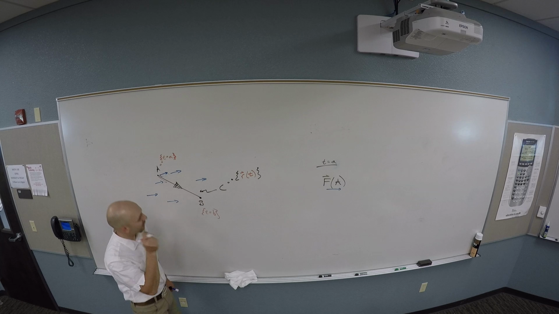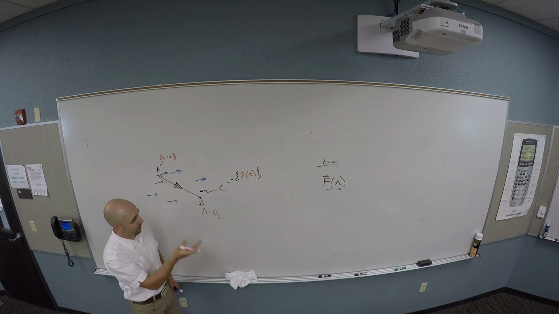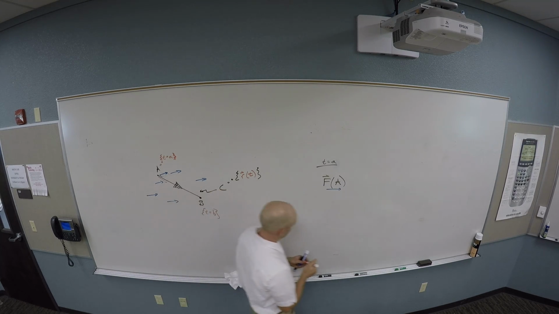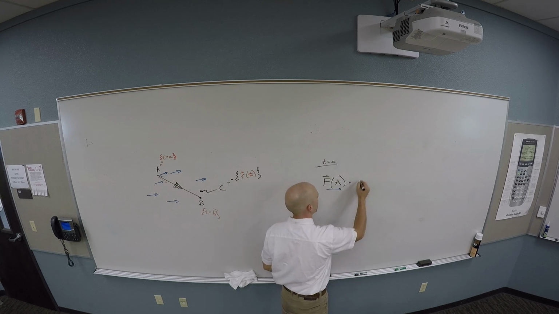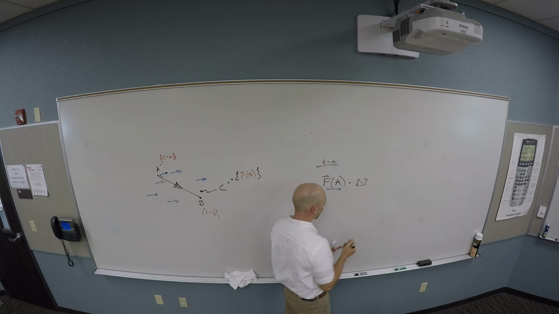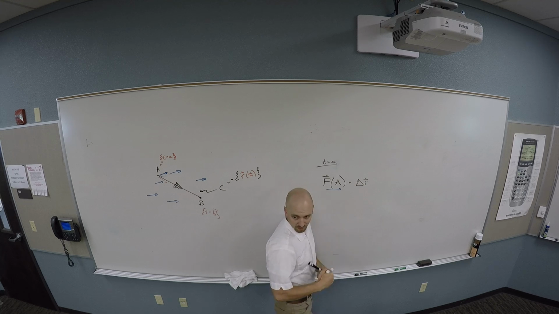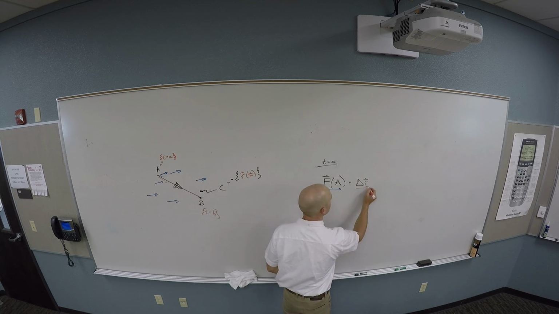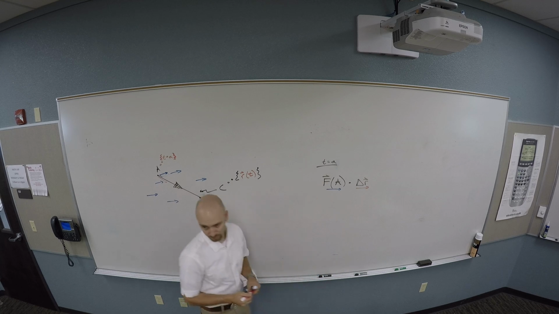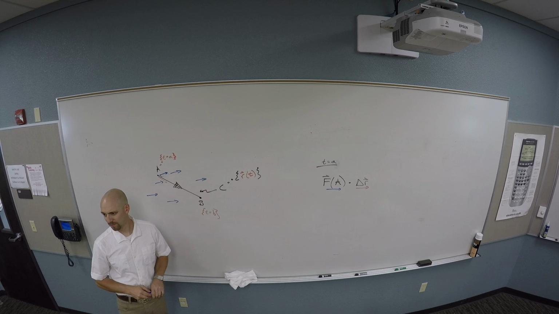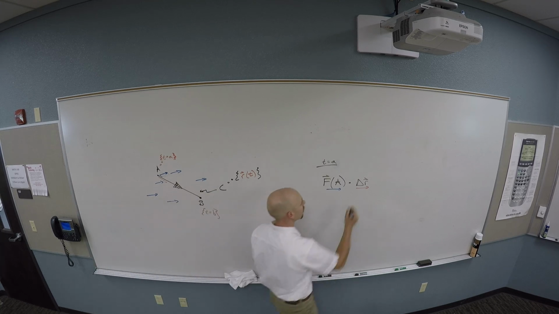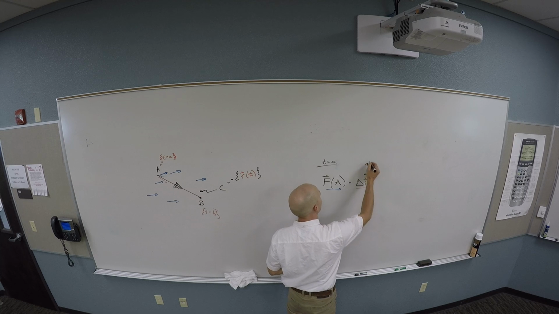So I really want to say, okay, I'm going to take my F and I'm going to dot it with some kind of little change in R. I could do a little better than this, but let me start with change in R for now. See that? And really I'm thinking this change in R, this is happening at A.